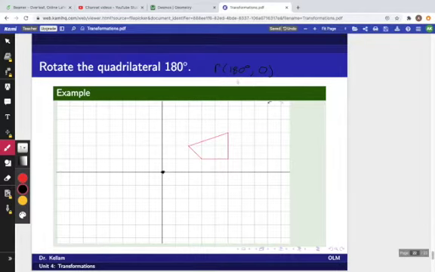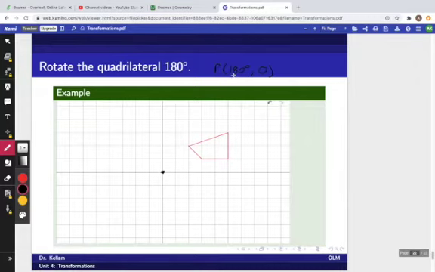If we go 180 degrees, that literally means we are taking this and moving it over here. In fact, this is the same as reflecting it about the line y equals negative x.